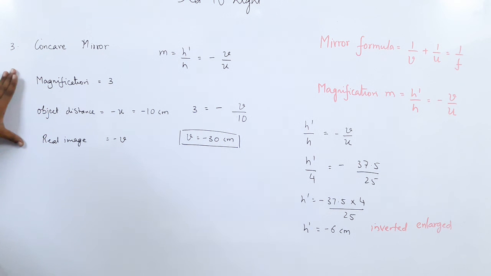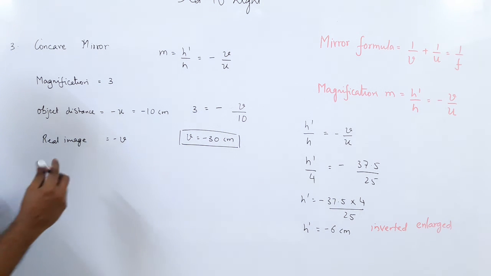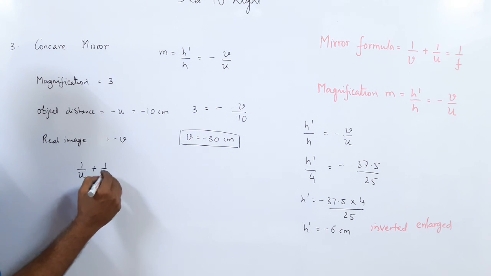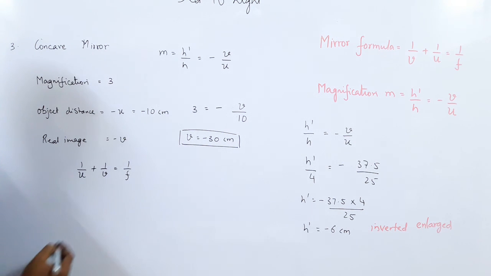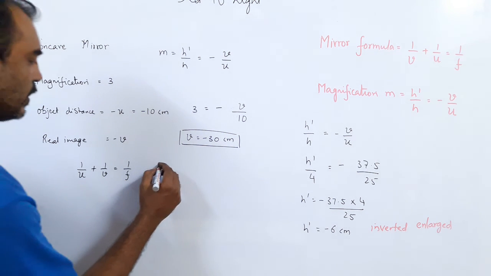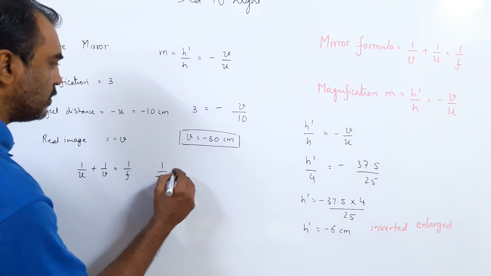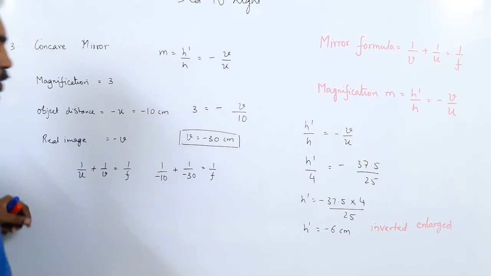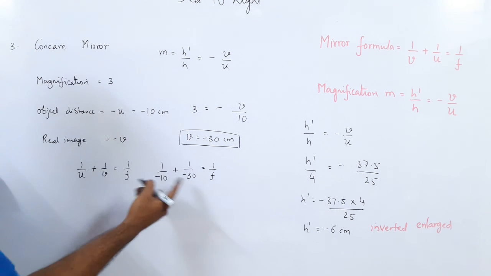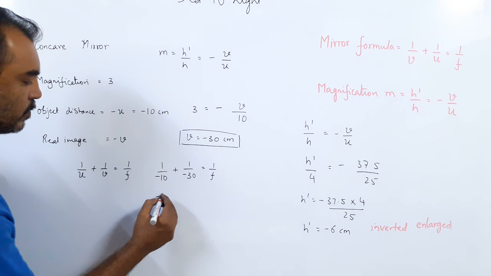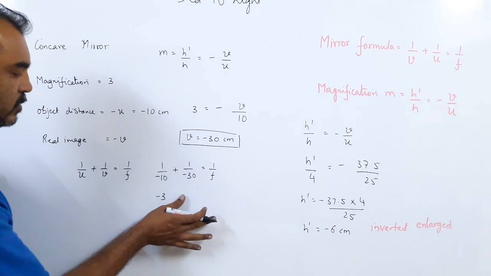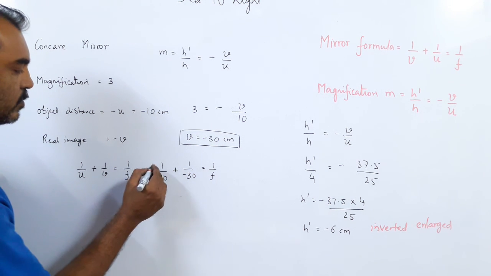But can we find the focal length of the mirror? So let us try to find the focal length of the mirror. We know 1 upon u plus 1 upon v equal to 1 upon f. So 1 upon minus 10 plus 1 upon minus 30 equal to 1 upon f. The LCM is minus 30, so we take the minus on the top first.